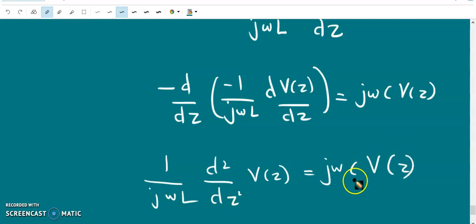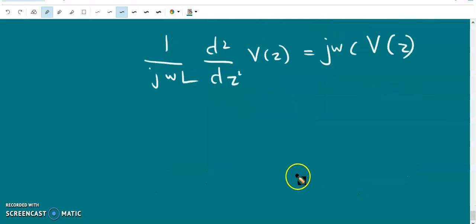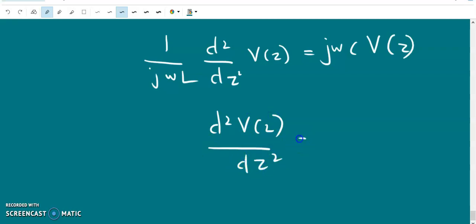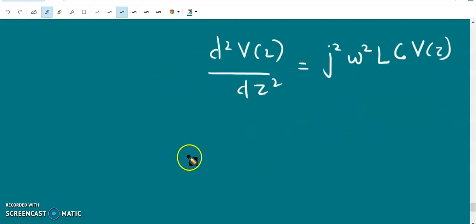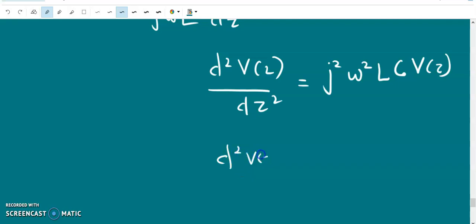So taking this towards the right, we can write d square V of z by dz square is equal to j square omega square LC into V of z. J square is minus 1. So therefore we can have d square V by dz square plus omega square LC V equal to 0.